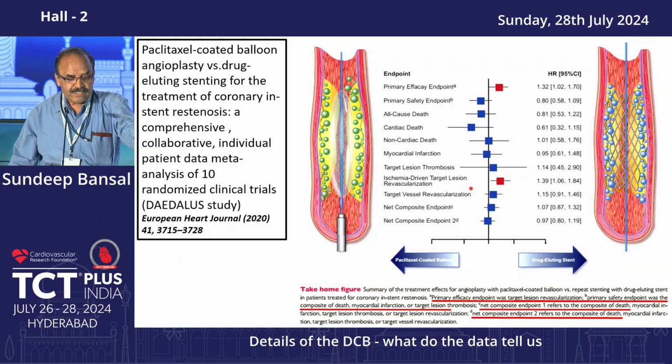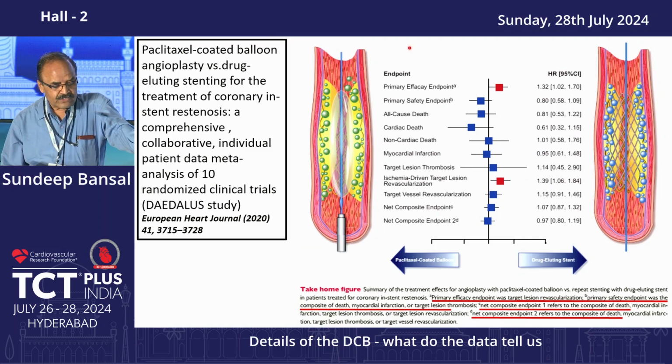As far as in-stent restenosis is concerned, there are 2 analyses which are available overall. This is a 2020 analysis of 10 trials, which looked at 4 important things: primary efficacy endpoint, primary safety endpoint, net composite endpoint 1, and net composite endpoint 2. The primary efficacy endpoint was target lesion revascularization.